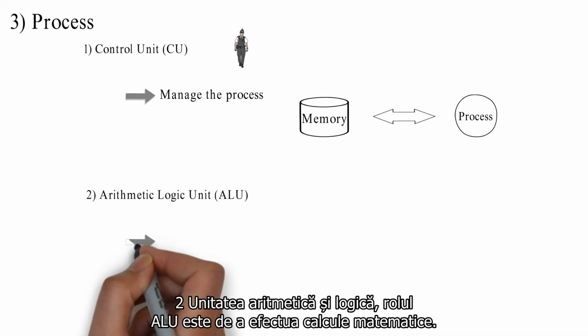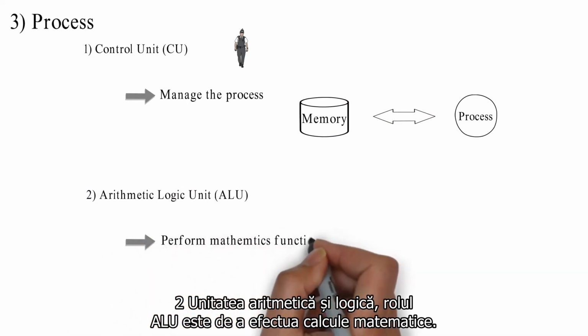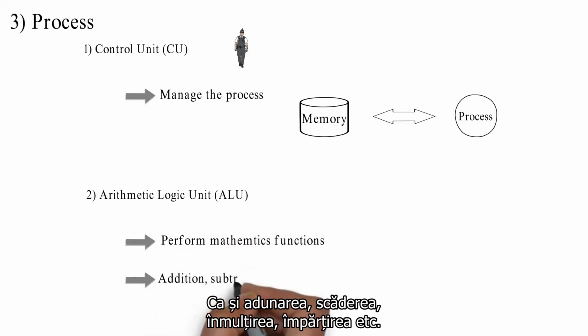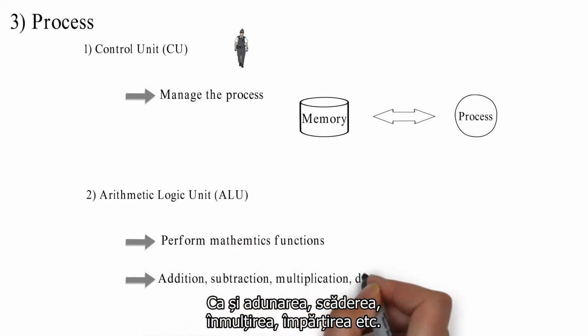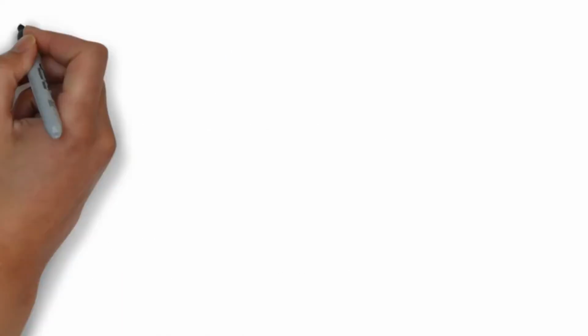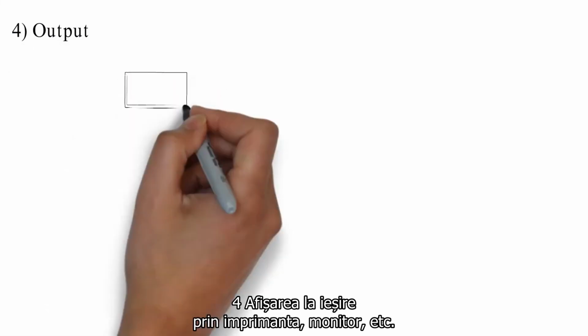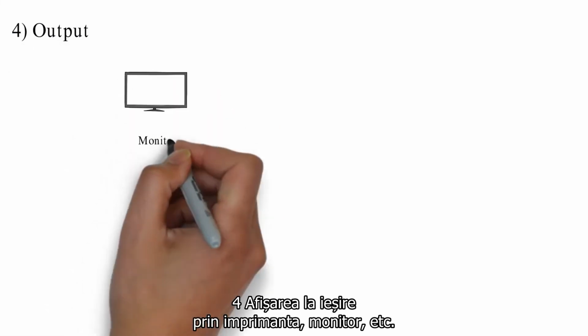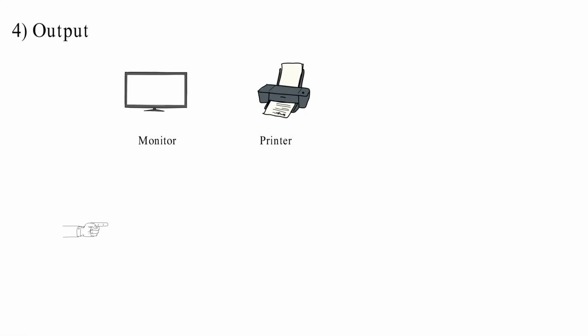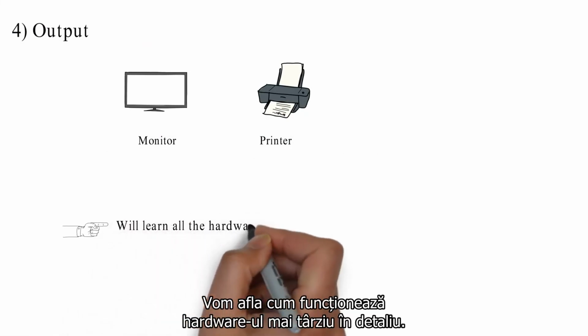The role of the ALU is to perform mathematical calculations, like addition, subtraction, multiplication, division, etc. 4. Output. The output is displayed through the monitor, printer, etc. We will learn the working of hardware later in detail.